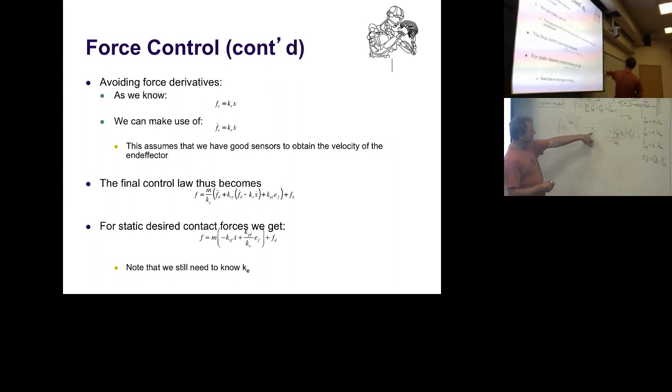So we just look at the velocity of the end effector, we look at the ratio of KPF over KE, we have a force error which we somehow need to measure, and the desired force. So it's a much simpler control law, it's much more realizable, and you have no heavy-duty noise components. You do need to know, you have to at least have an estimate of the environmental stiffness, which is not necessarily trivial.